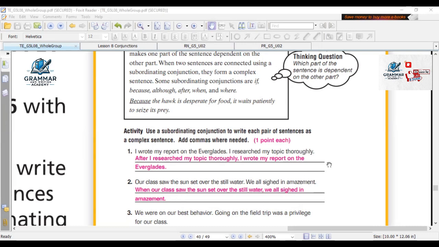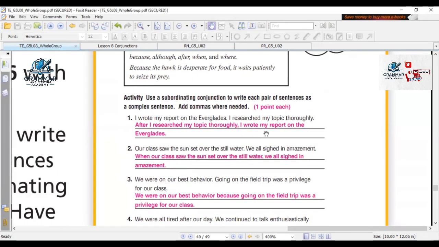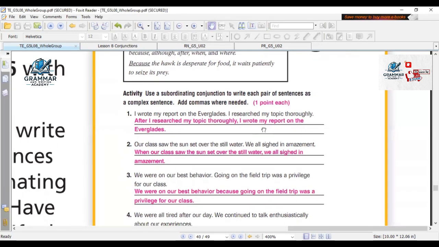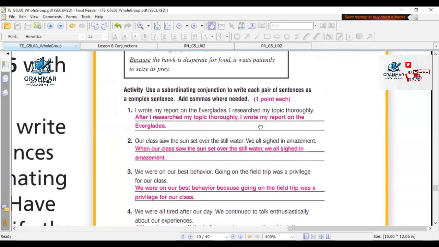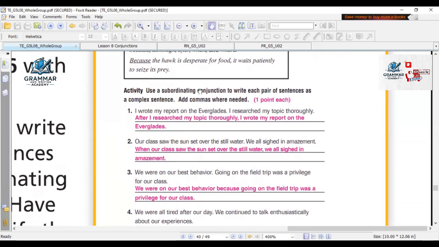Adam, then Tim, then Jane. Keep raising your hands up, my dear boys, to share with us. Adam, number 3. Yes, mister, number 3. We were on our best behavior because going on the field trip was a privilege for our class. Thank you so much, dear Adam.